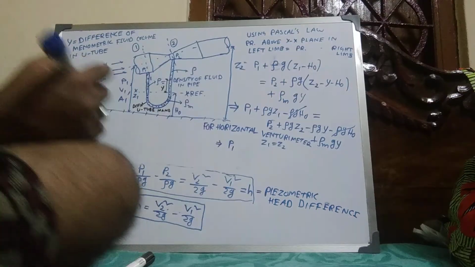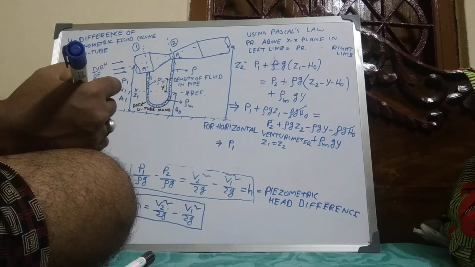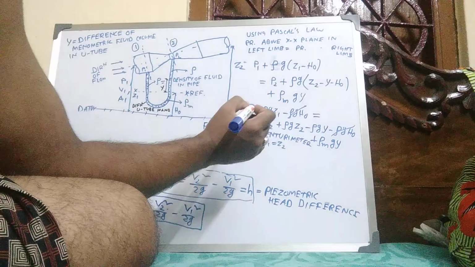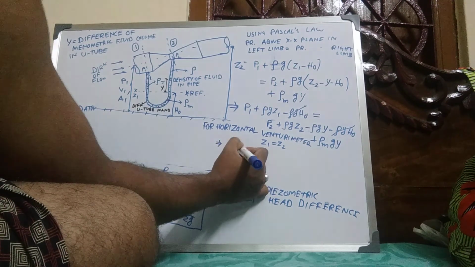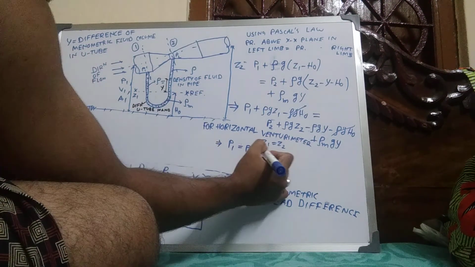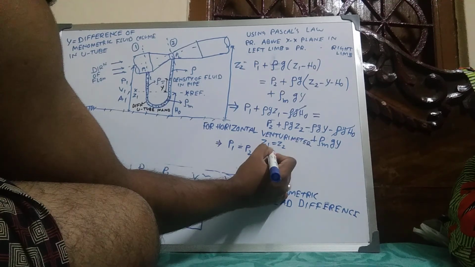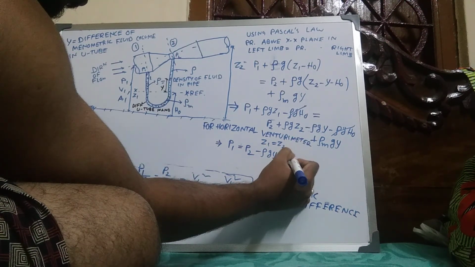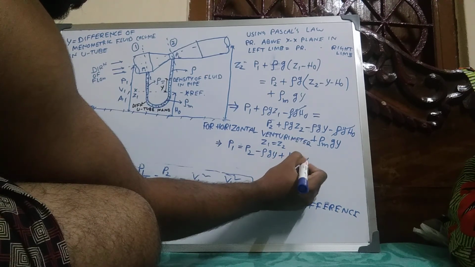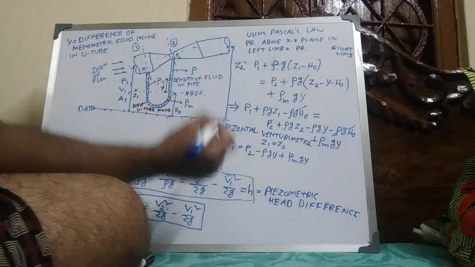So p1 plus ... equal to p2 minus rho gy plus rho m gy. Understand?